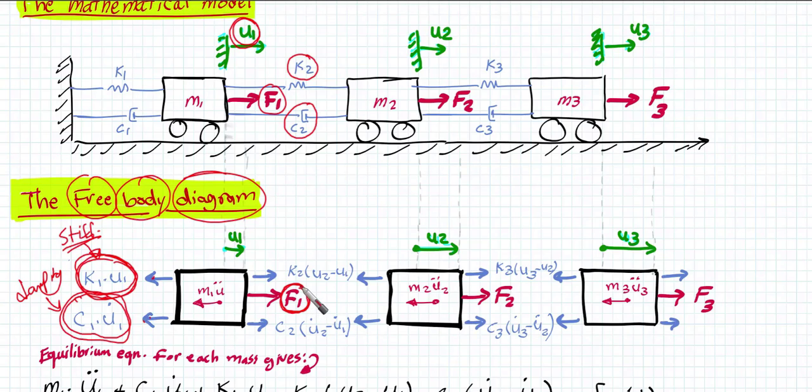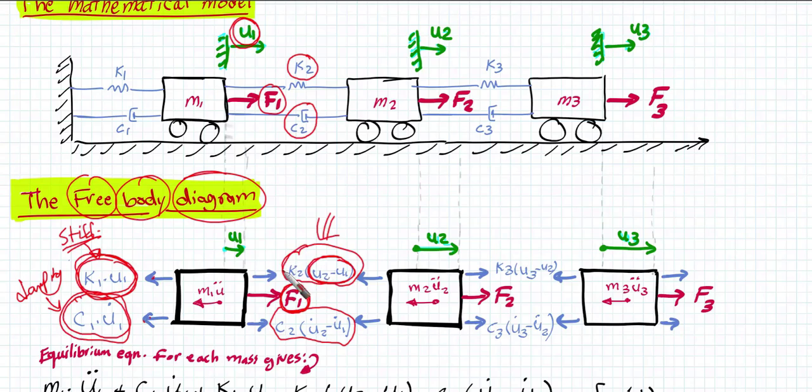And then if we go up to the upper floors, we are going to find that there are forces being applied on the same mass, but instead of using the absolute U2 or absolute U1, we are going to take the difference between the two. So we have K2 times U2 minus U1.